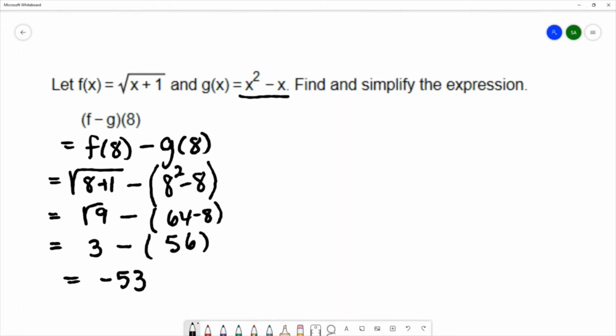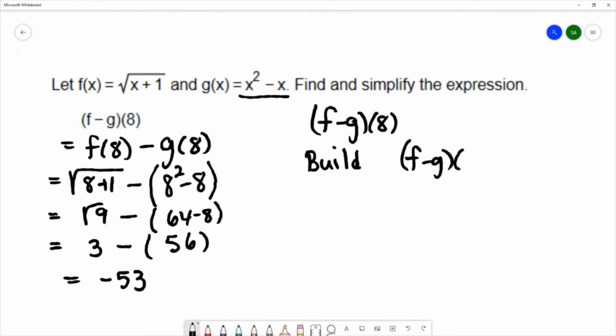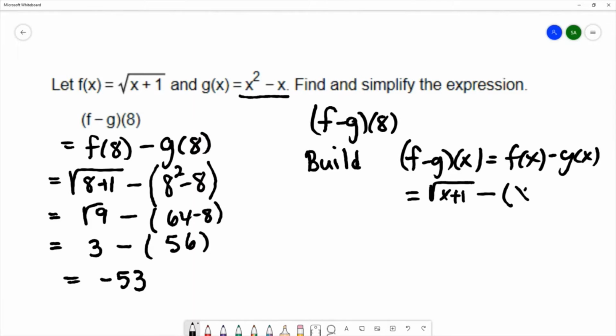Another way to find it, if you have f minus g of 8, you would first build the function f minus g of x. That function is f of x minus g of x. That's square root of x plus 1 minus the whole function g of x, x squared minus x.